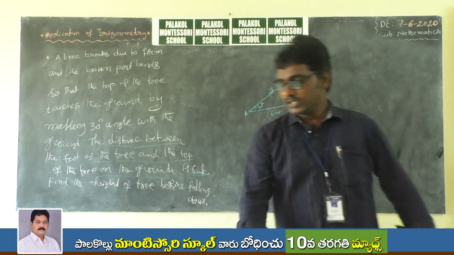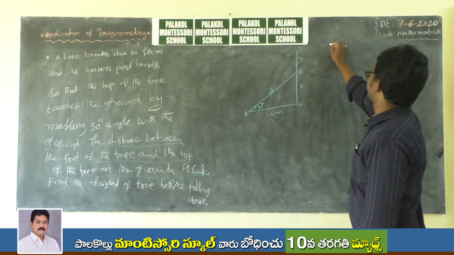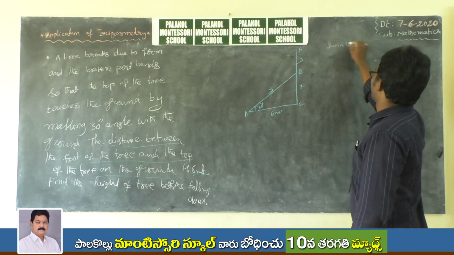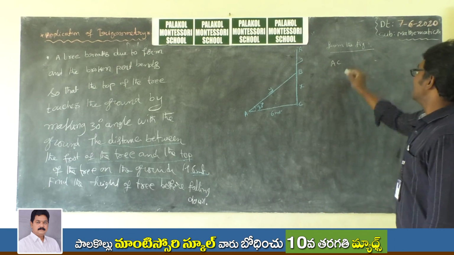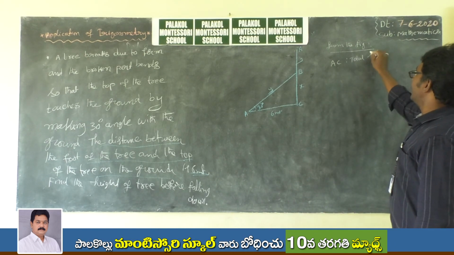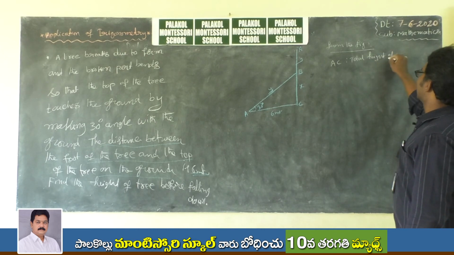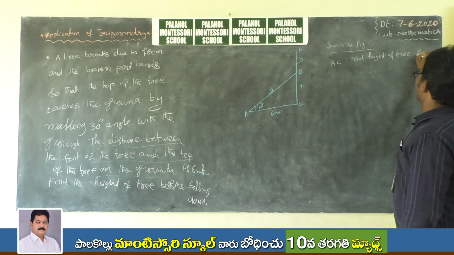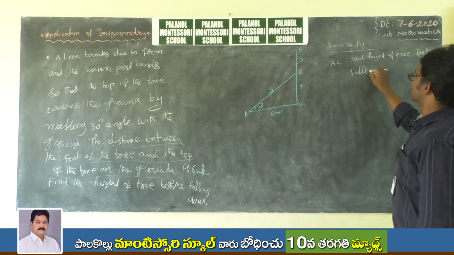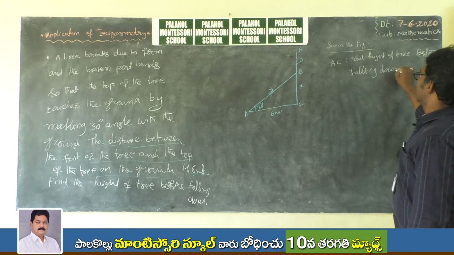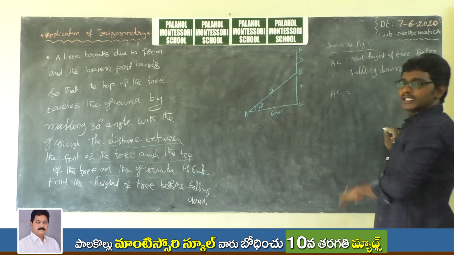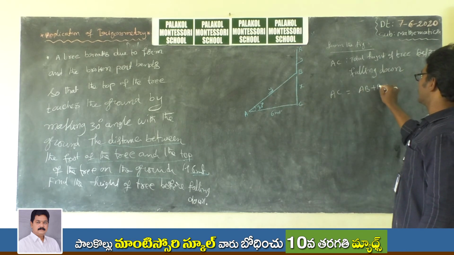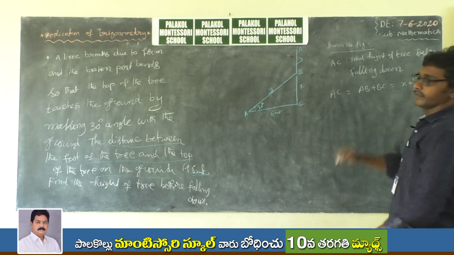Now see, I read from the figure. AC is the total height of the tree before falling down, so AC is AB plus BC, that is x plus y.